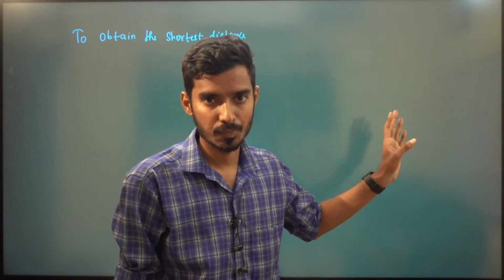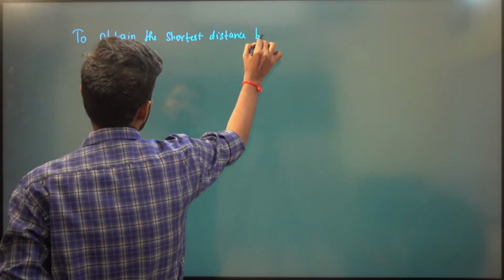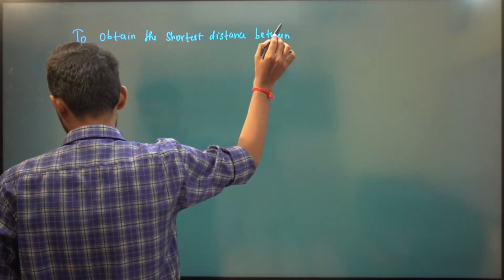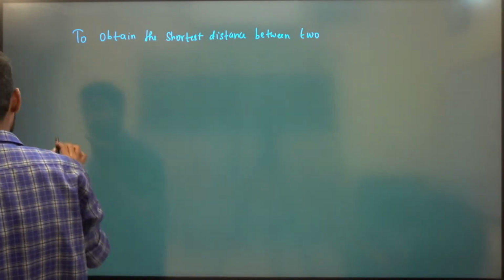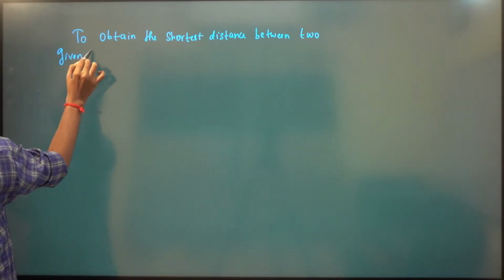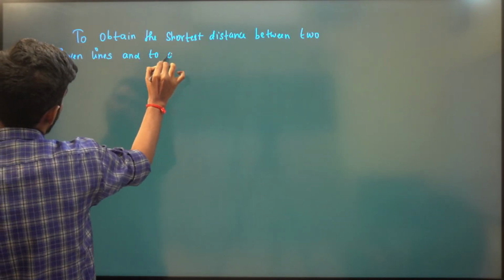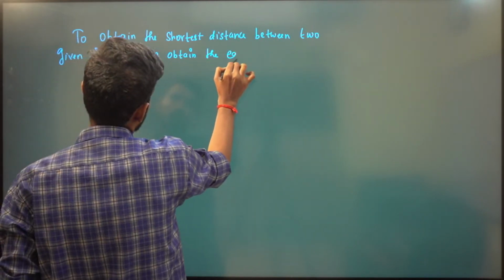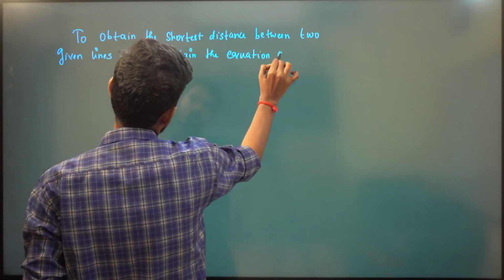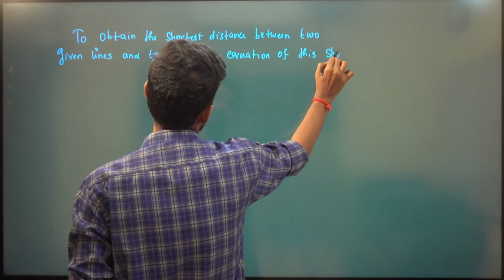Similarly, here also there are two formulas, right? So to find the shortest distance between two given lines, and to obtain the equation of this shortest distance line.